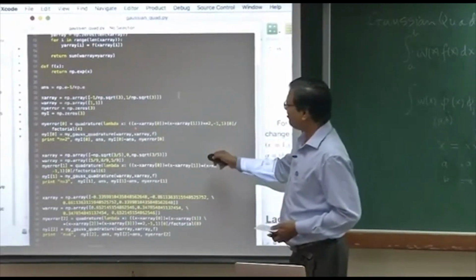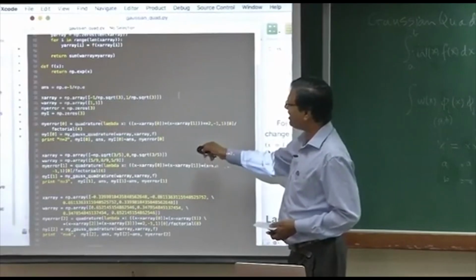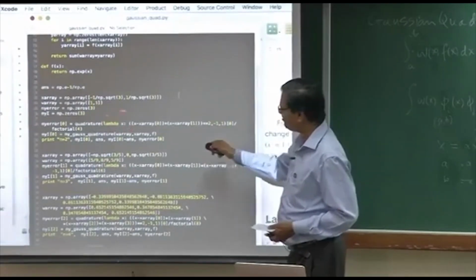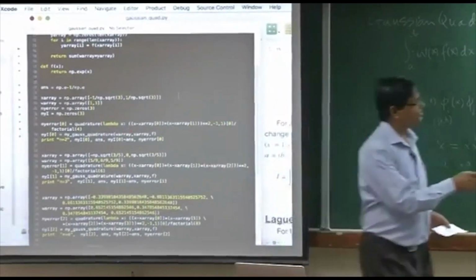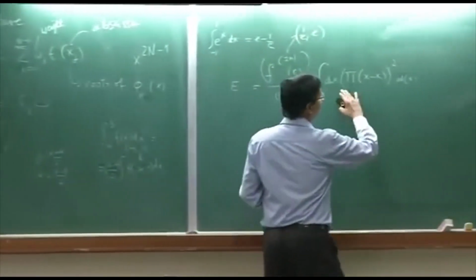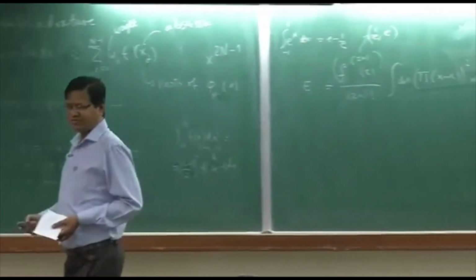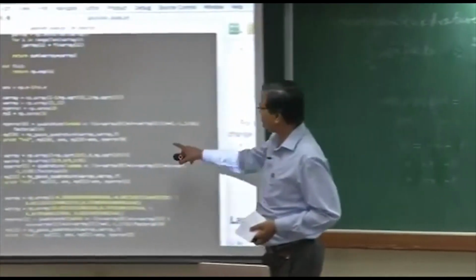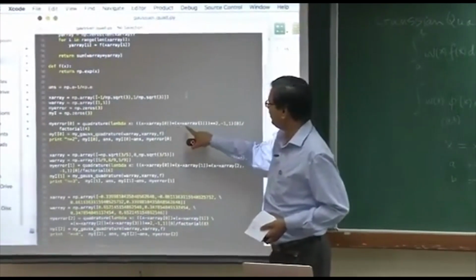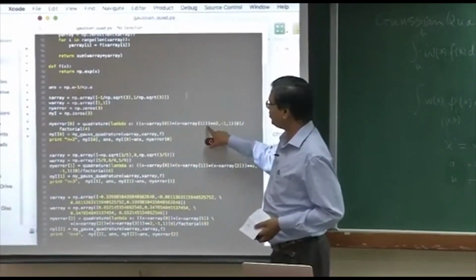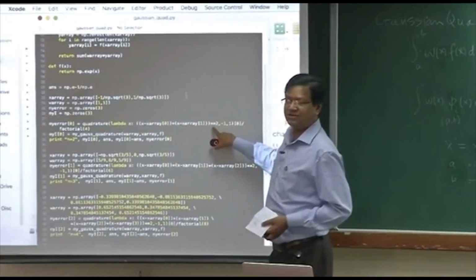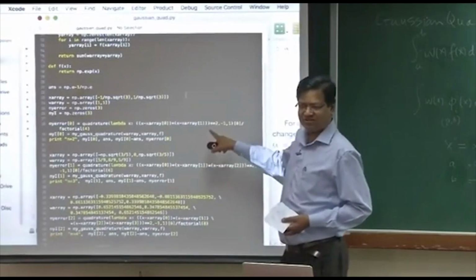So what is a lambda function? I don't need to define the f function separately; otherwise I have to write this function like this. You can do it in one shot. It is written here: x minus x0, x minus x1 squared. Is it clear what it is doing?